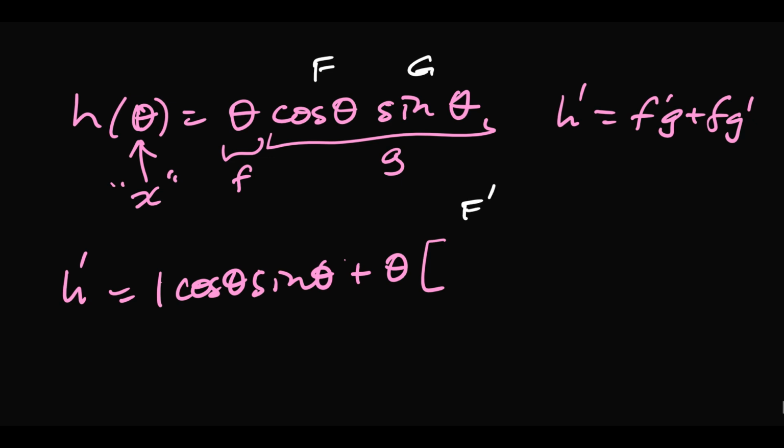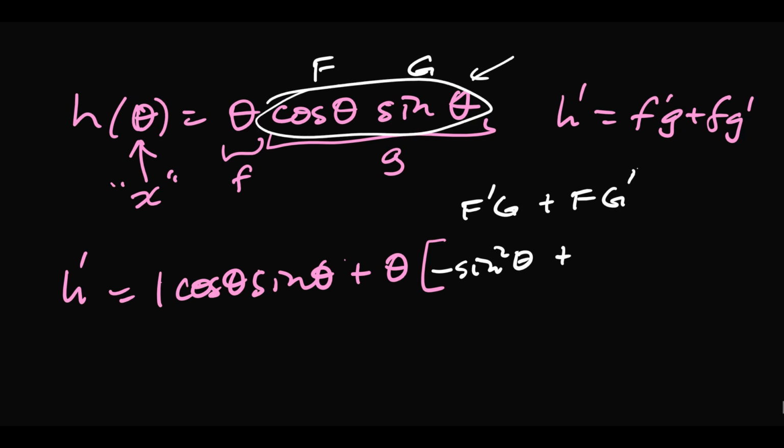So I'm going to do f prime g plus f g prime. So we'll get f prime, derivative of cosine is negative sine. So negative sine times sine will give you negative sine squared. And then plus f, which is cosine, times the derivative of g, which is sine, so cosine theta times the derivative of sine, cosine, so I get cosine squared here.